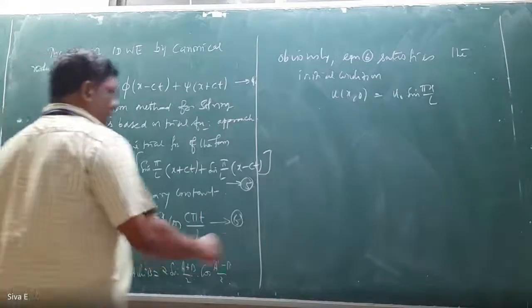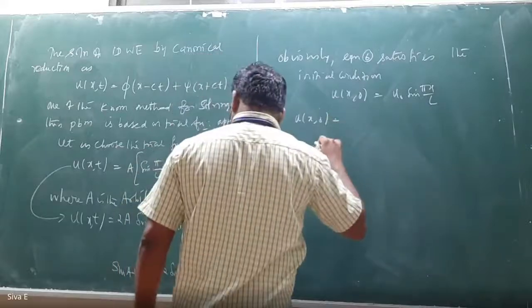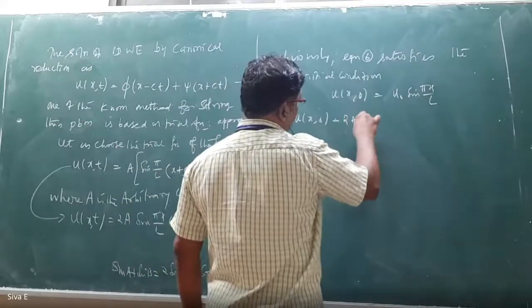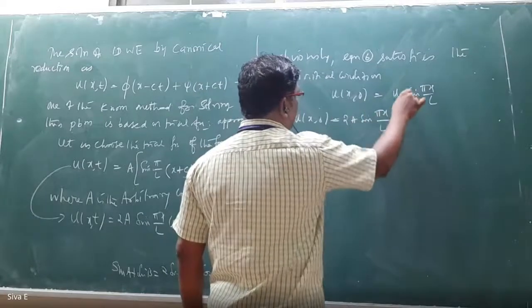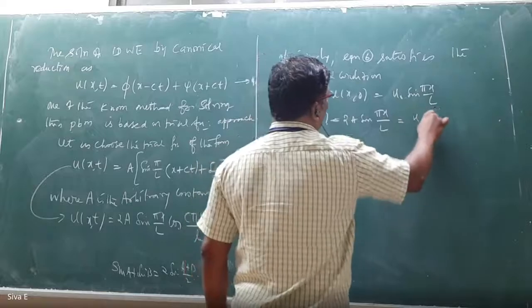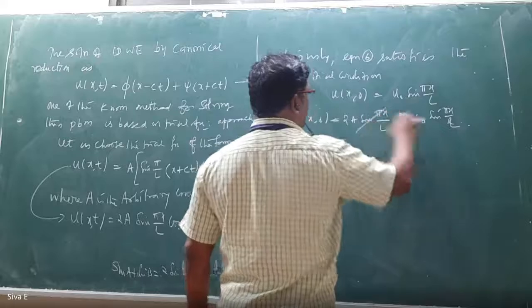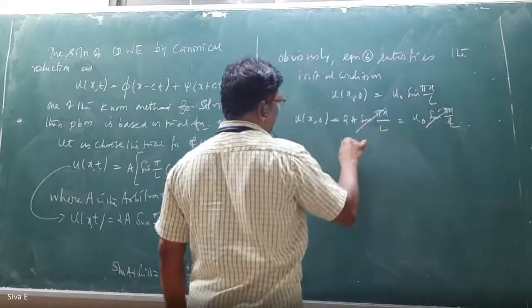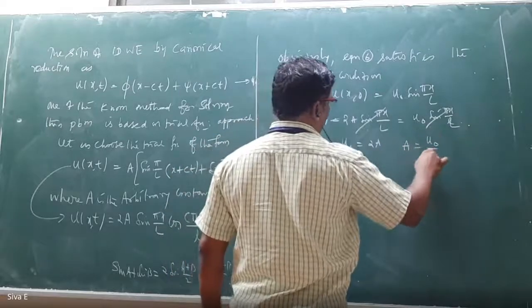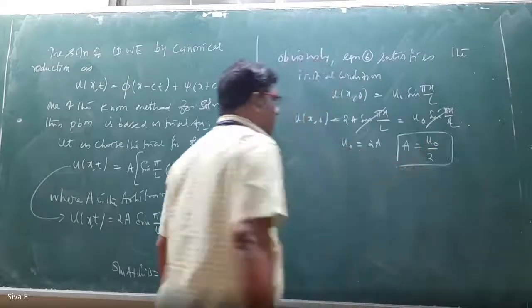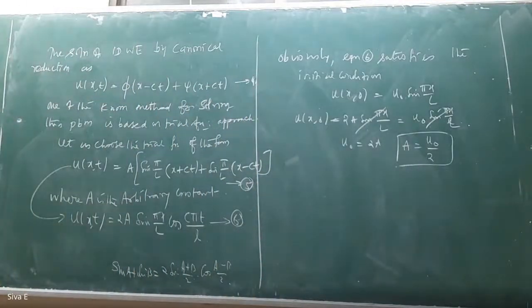So u of x comma 0 equal to 2A sin(πx/L). But the given equation is u naught sin(πx/L). So a equal to u naught by 2.